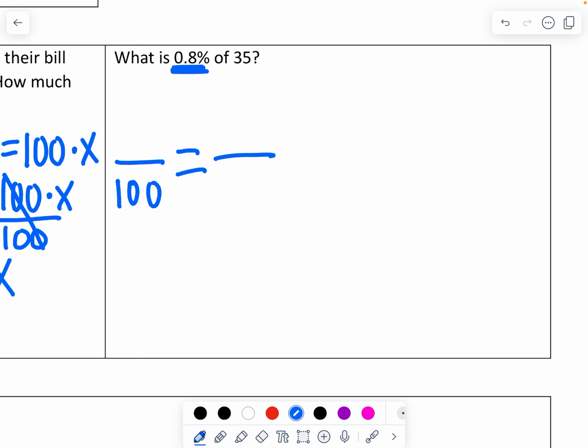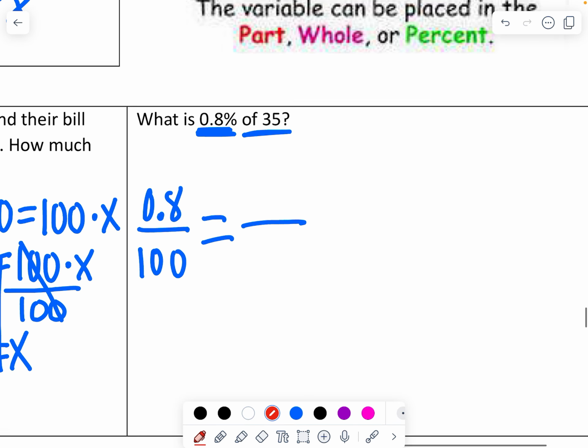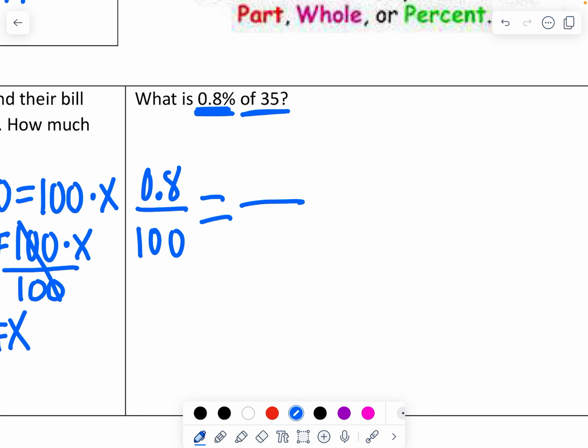Okay. So 0.8% is my percent, so I'm going to put that above the 100. It says of 35. So if I look up here, the of is the whole. So that means the 35 is going to go in the bottom right where the whole goes, and we're missing the part.